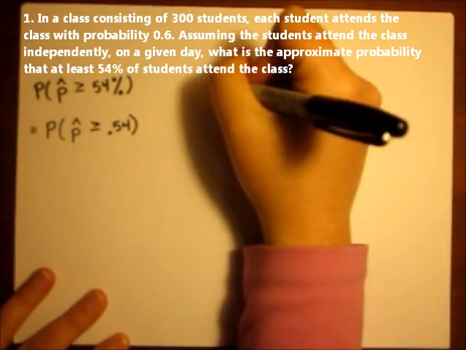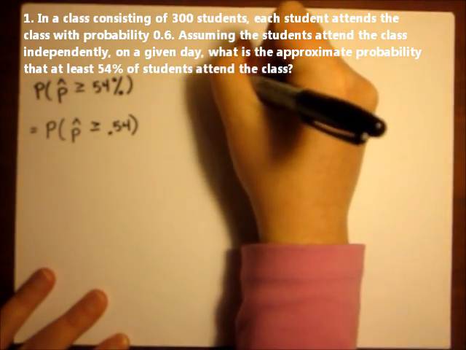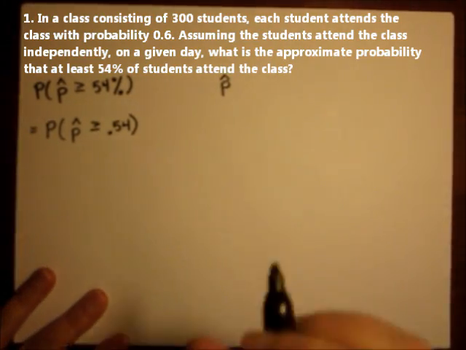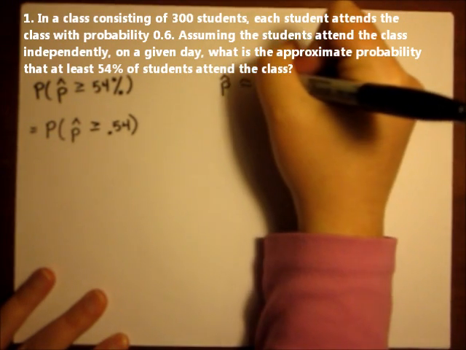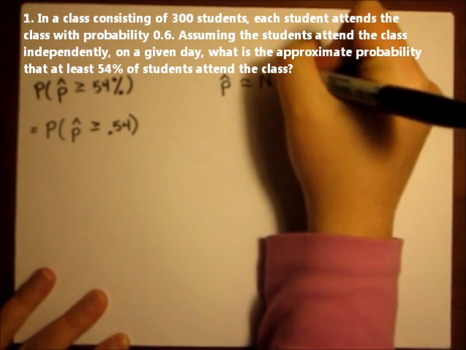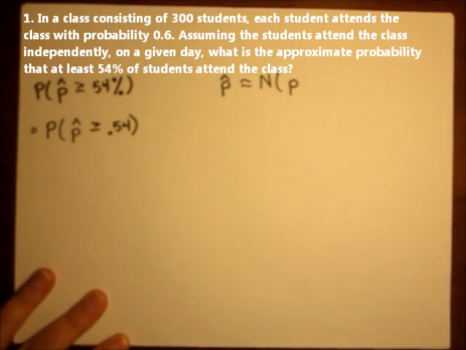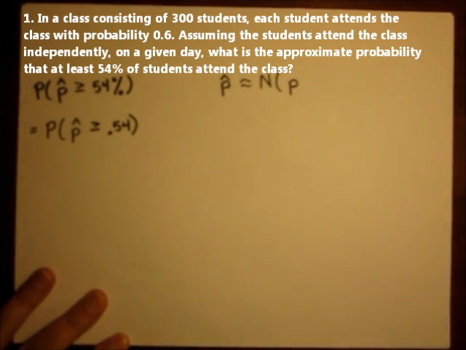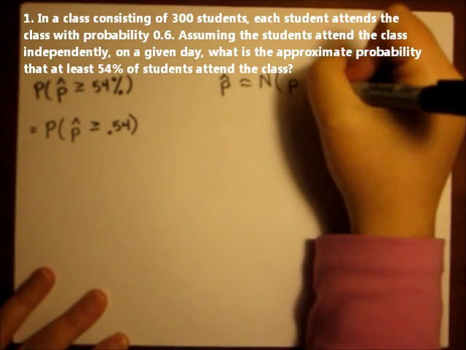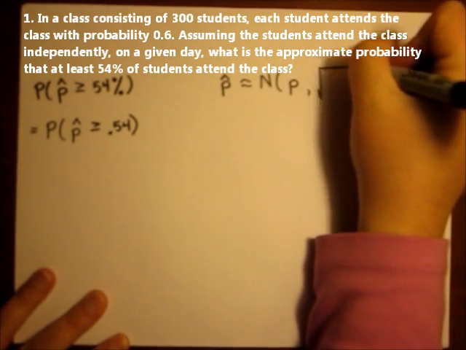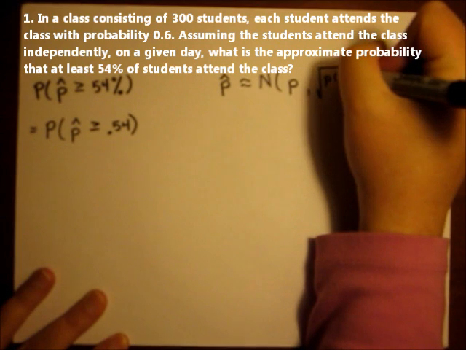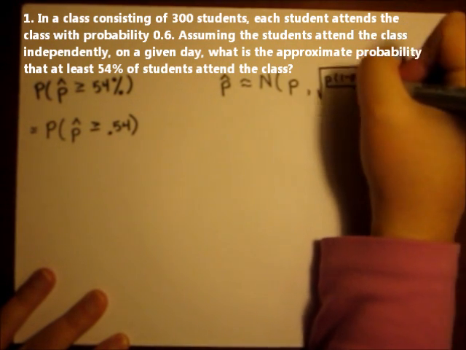We have a rule that says when n is large enough, then the proportion p hat approximately follows a normal distribution, where the mean is p, or the probability that an individual student will attend class on any given day, with the standard deviation of the square root of p times 1 minus p over n.